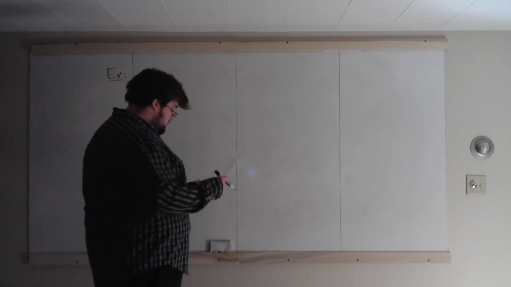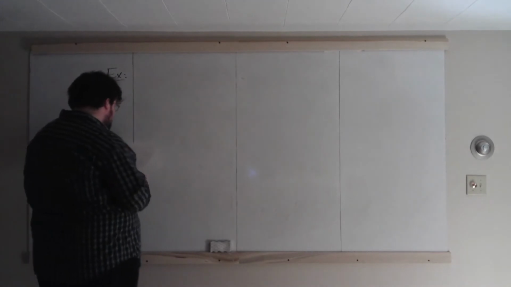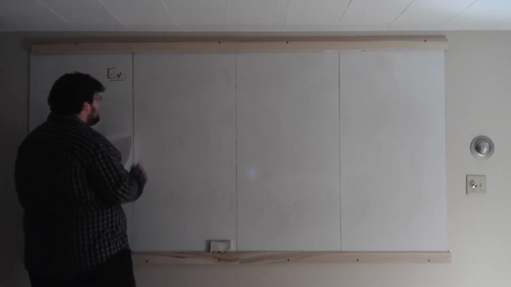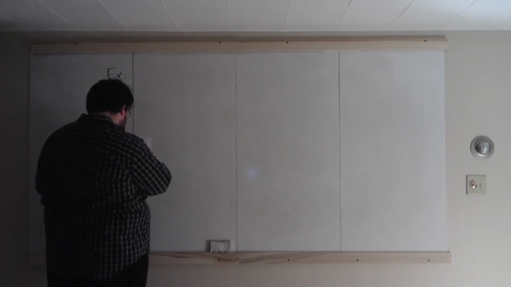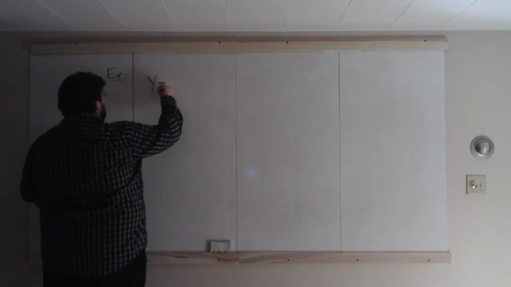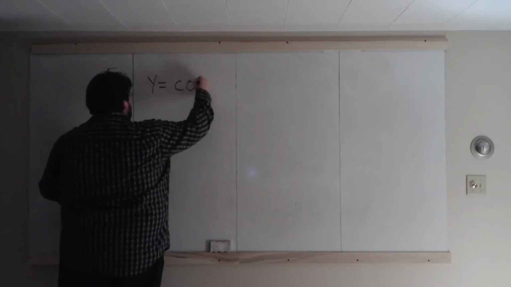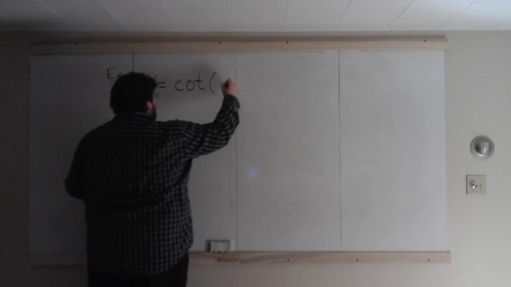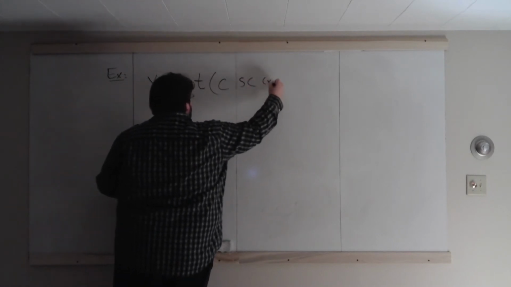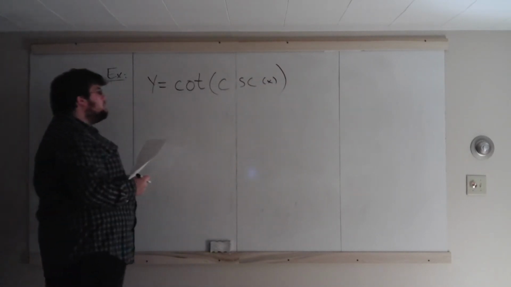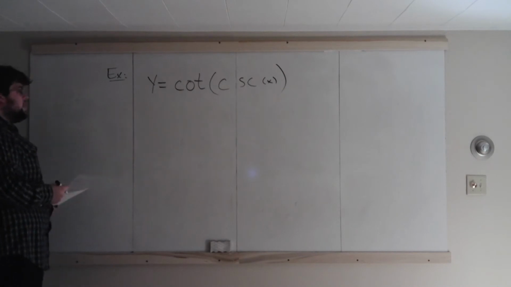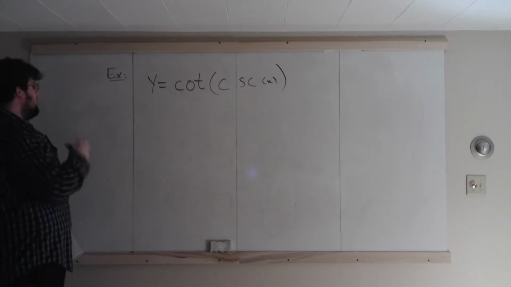Next. What's a good one next? We've done some trigs and powers. Let's do this one. Cotangent of cosecant of x.